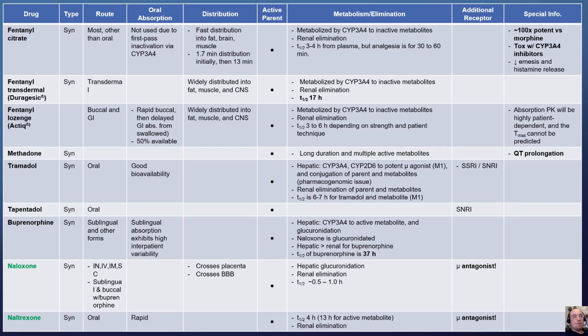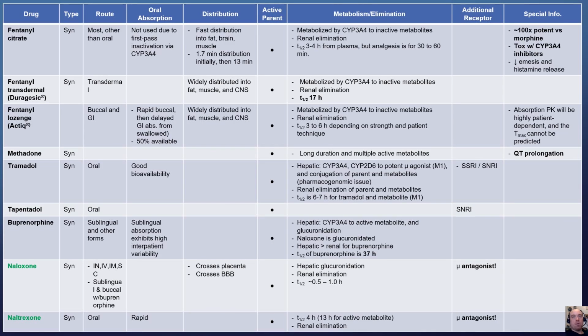Fentanyl lozenge, Actiq. I remember when I was working in a community pharmacy, we actually gave these out quite often. They were prescribed quite often, but I never actually got to see one at the time because they were in foil pouches. But these are kind of like lollipops, but not appealing to children because of the way they're designed. But they're very interesting.